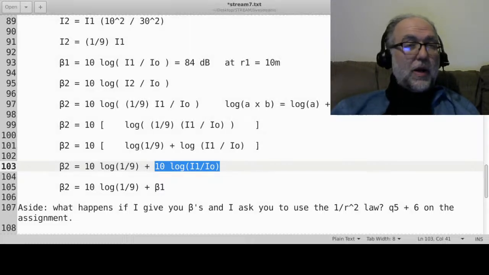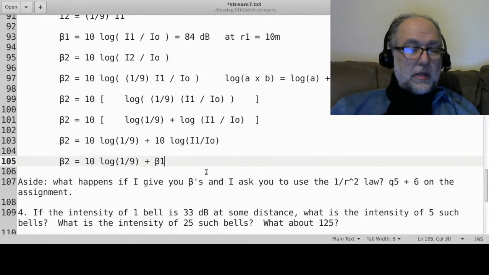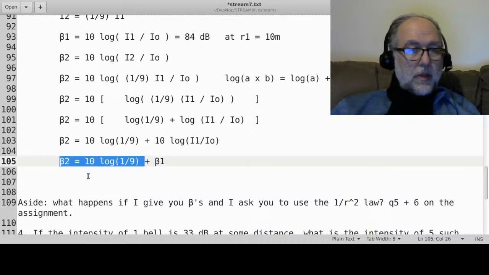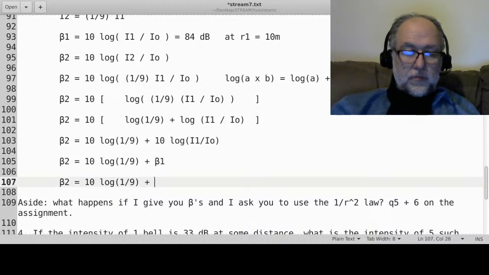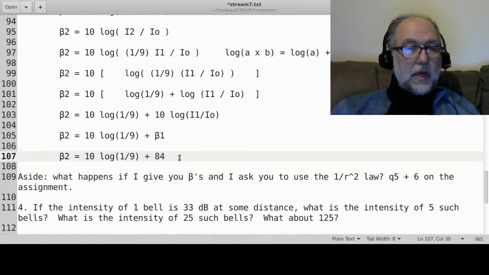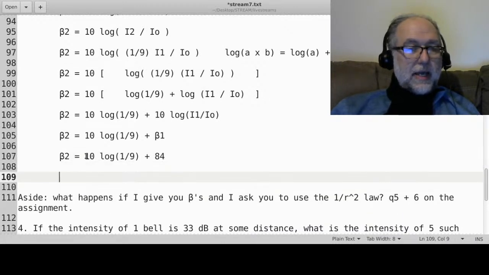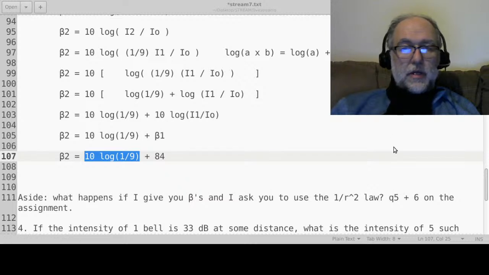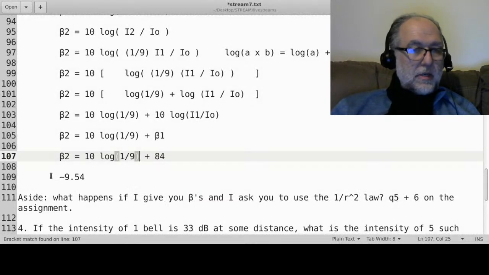But you know how big beta 1 is. Beta 1 is going to be 84, like that. And then you go, oh, wait a sec, I can calculate this on my calculator. So you bring up your calculator and calculate that, and it turns out to be this.